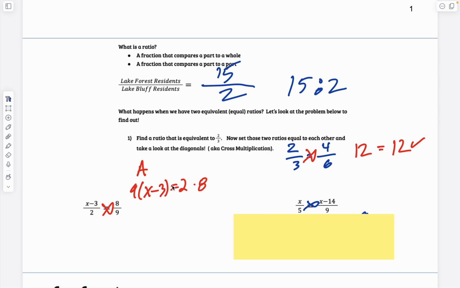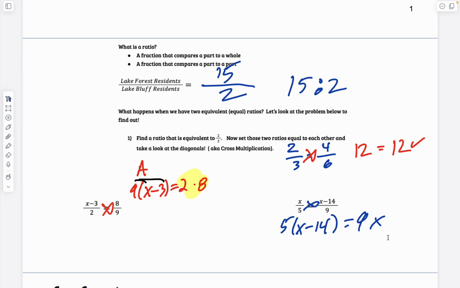Now, some of us may be able to just write 16 right here, and that's fine. This step, however, is helpful to write as 9 times x minus 3 because we have to remember to distribute that 9. Again, this is a review of a skill that you've learned before. Okay, and then from there, you solve it using algebra.